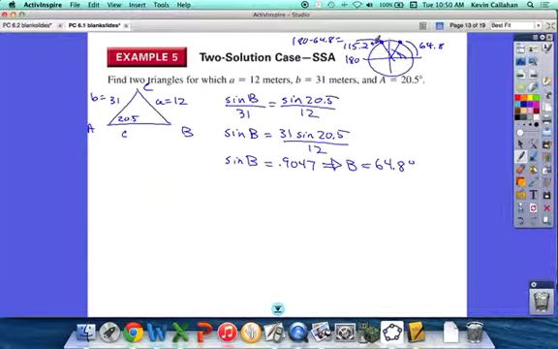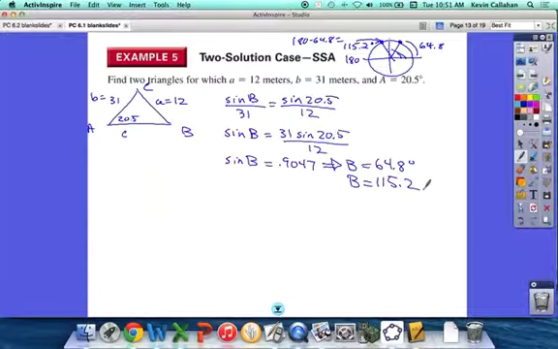Is 115.2 plus 20.5 less than 180? And the answer is yes, it is. There's your two triangles. If you added it together and it was more than 180, that means there's only one triangle. That's the check. So in this case, we're going to say the two possibilities are this angle is 64.8 or that angle is 115.2.